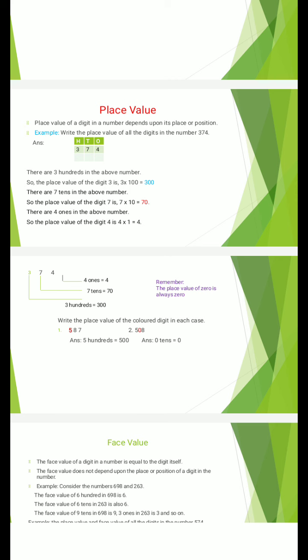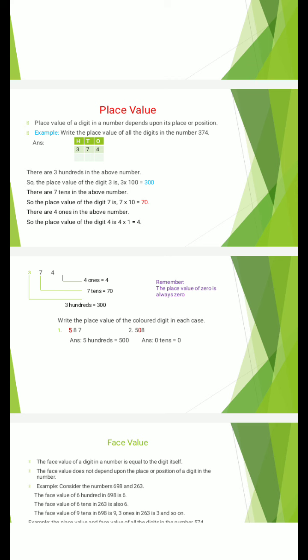For example, write the place value of all the digits in the number 374. In 374, the digit 4 is on the ones place, digit 7 is on the tens place and the digit 3 is on the hundreds place.